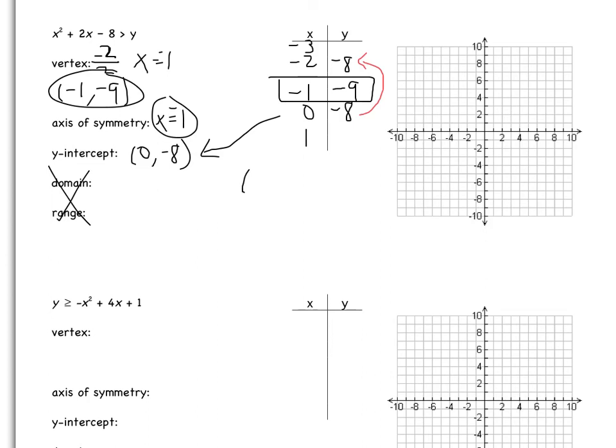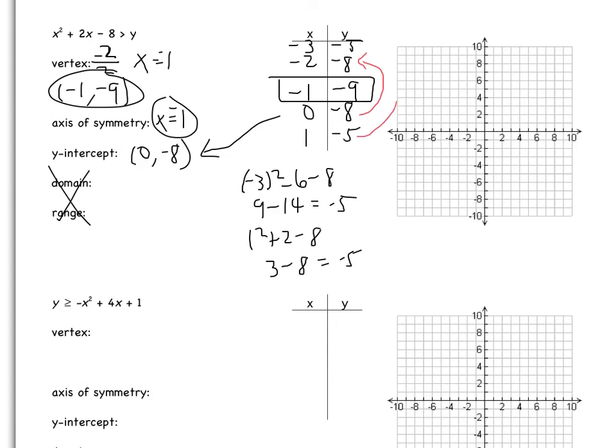Substituting in negative 3, I get negative 3 squared, subtract 6, subtract 8. So this is 9, subtract 14, which is negative 5. Substituting in 1, I have 1 squared, add 2, subtract 8. So this is 3, subtract 8, which is negative 5. Again, by the symmetry of a parabola, these two should match, and they do. So that tells me that I'm on the right track.